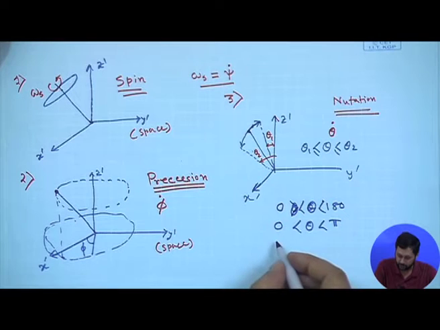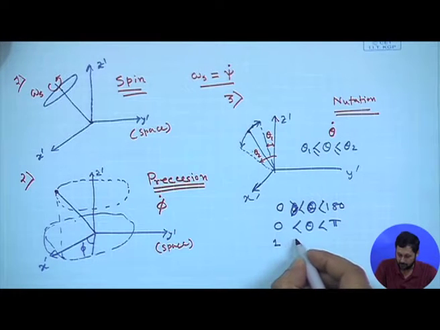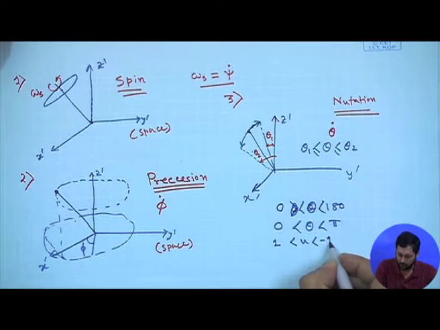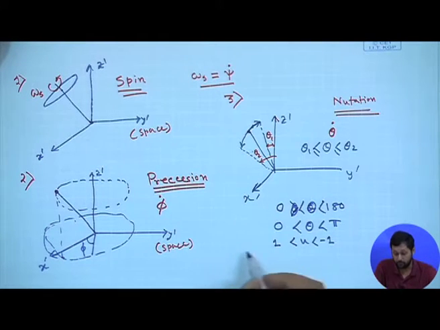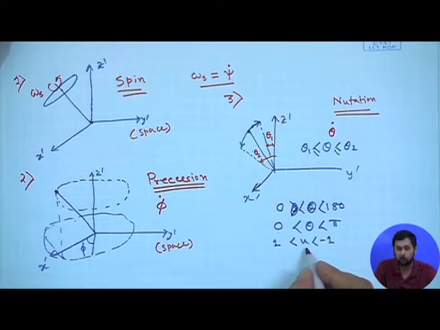Now, in this range, cos theta can have a value of 1. Okay. So, when we check the range of u, it has to be between 1 and -1, for any physically possible motion. Please remember u is equal to cos theta. So, u has to be within this range.